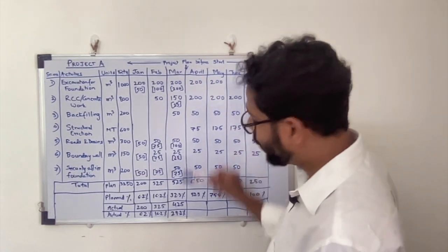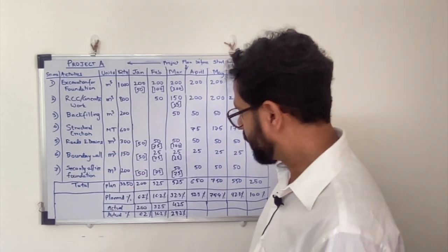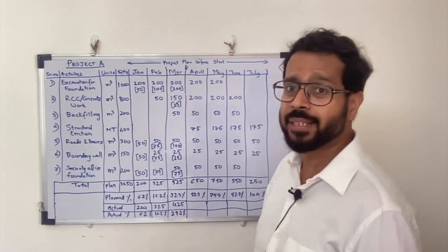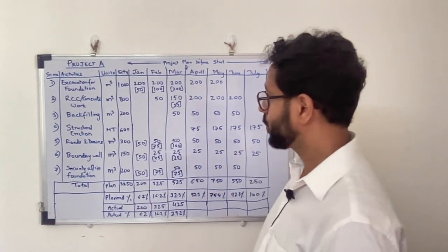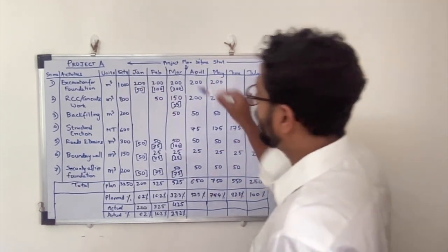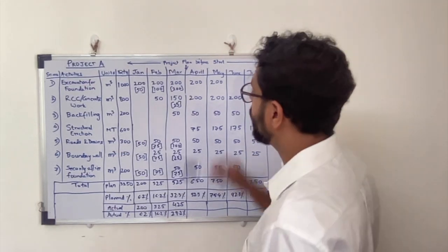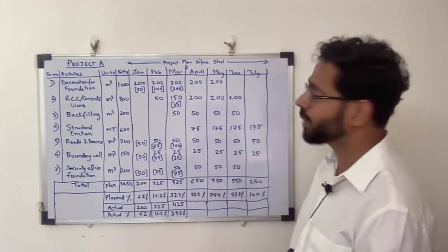Although at the end of March the slippage is around 3%, you will be surprised to know the variation on the activities which are on the critical path. You see activity number 1: at the end of March the planned units was 600 and what is delivered was around 350.